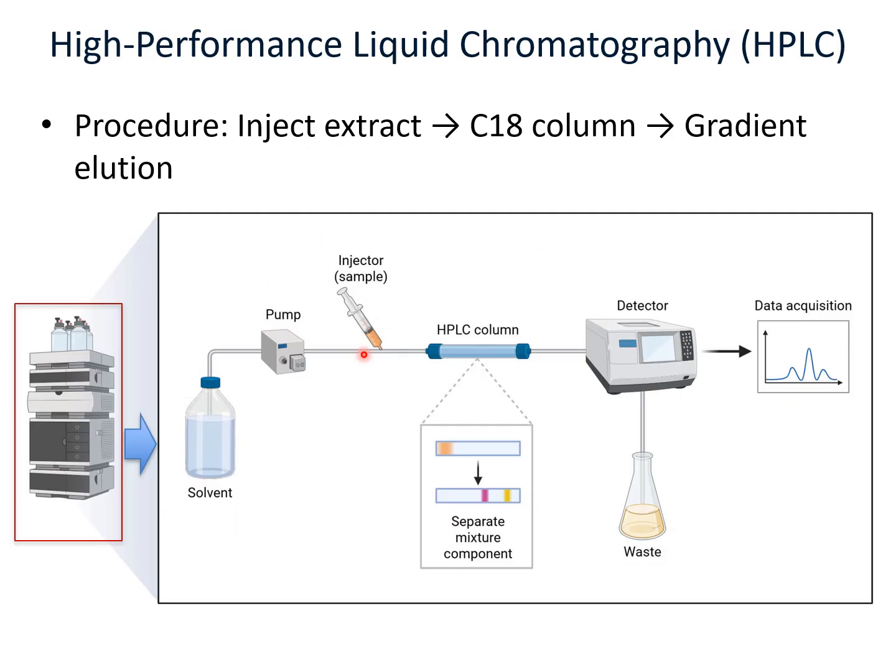We have the samples being injected. We have the HPLC column, detector, and then we have the monitor, the computer system that can be used to visualize the detected components.